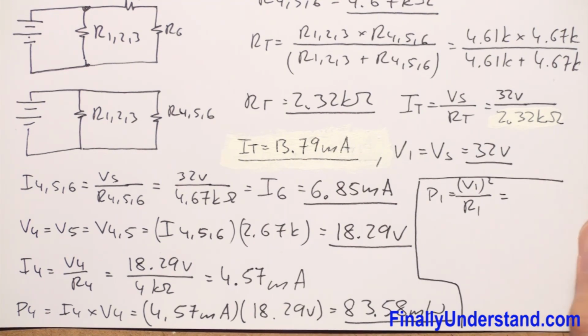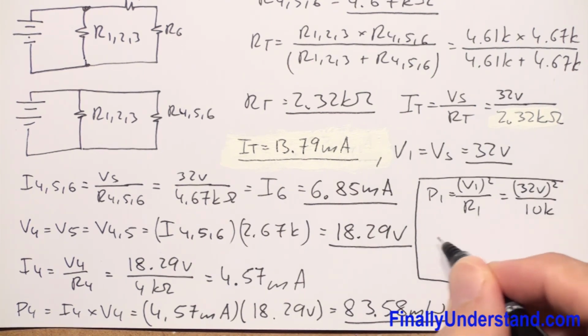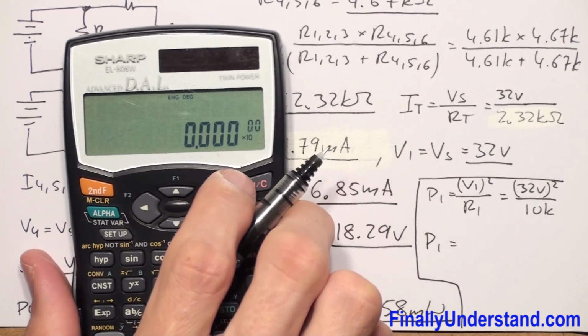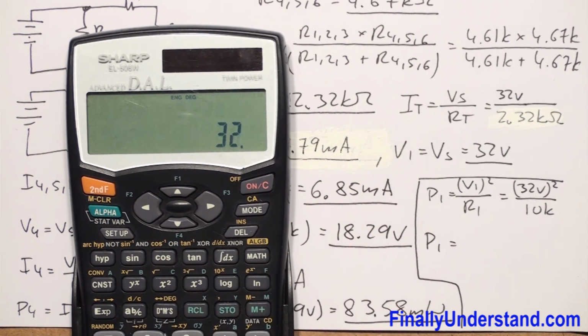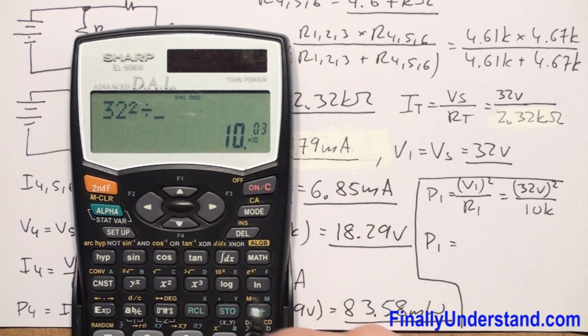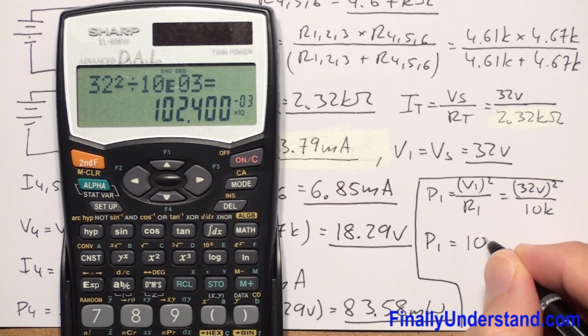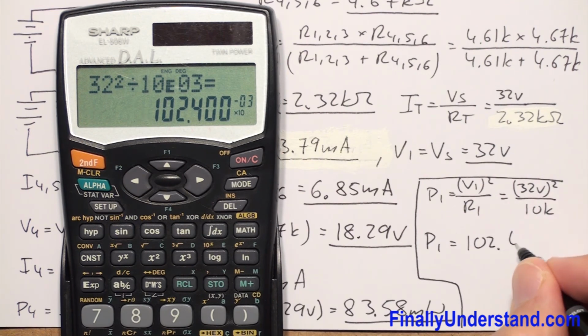So V1 is equal to 32 volts raised to the second power over R1, which is equal to 10K. So P1 is equal to 32 squared divided by 10 exponent 3. This is equal to 102.4 milliwatts.